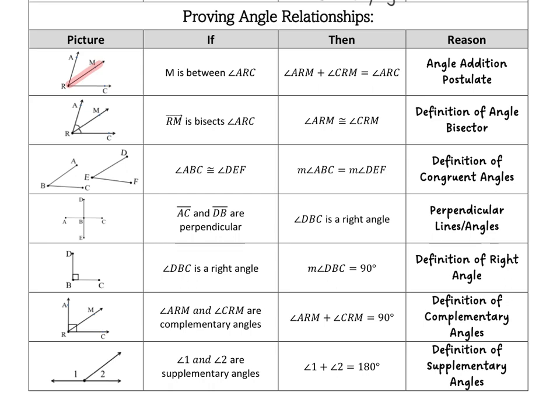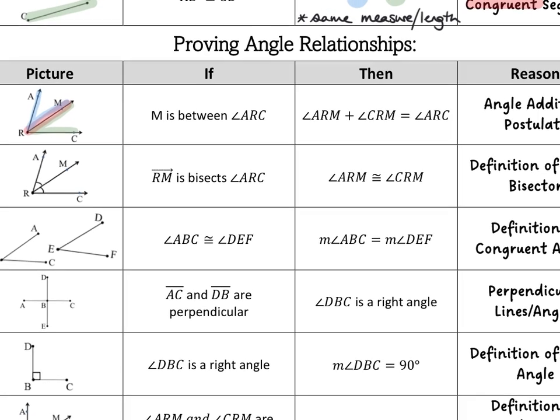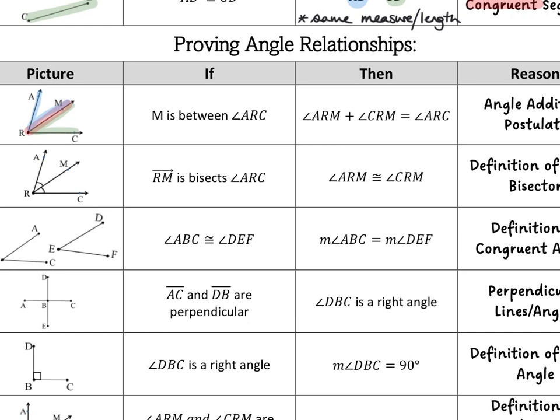Well, what that tells us is that if it's between it, then you have two other angles, ARM and MRC, that we can add together to make the big angle. That's called the angle addition postulate. ARM plus MRC equals ARC, the bigger angle here.